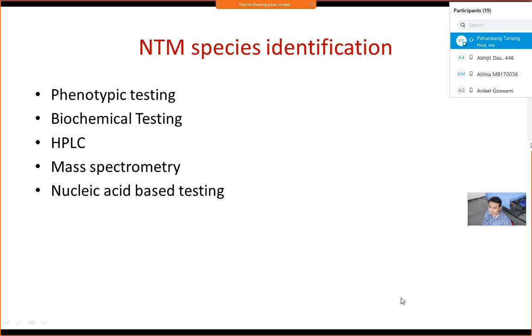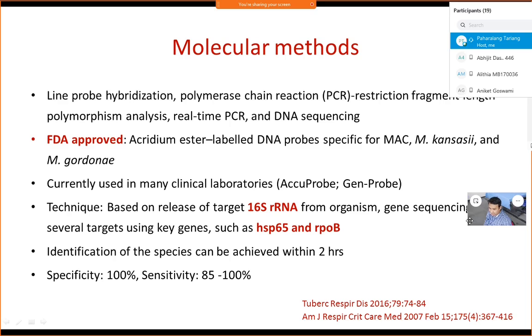Then for NTM species identification, you need a phenotypic system. You can do phenotypic testing, biochemical testing, high pressure liquid chromatography, mass spectrometry, and nucleic acid based testing. I will not go into the details of these. Basically, for molecular methods which are more important, we have line probe assays, polymerase chain reactions, and DNA sequencing.